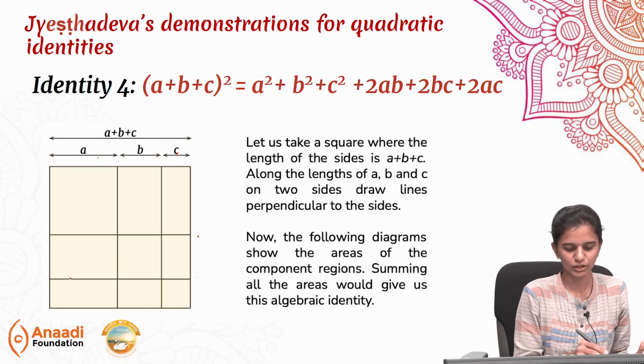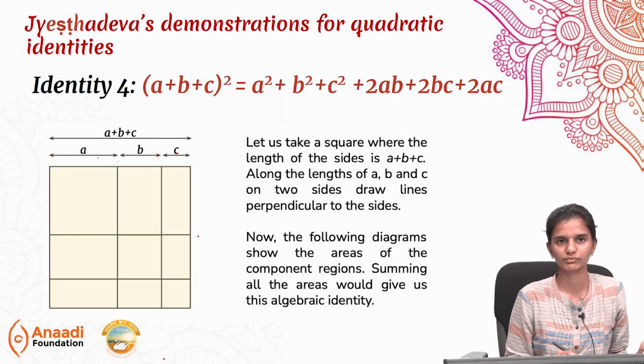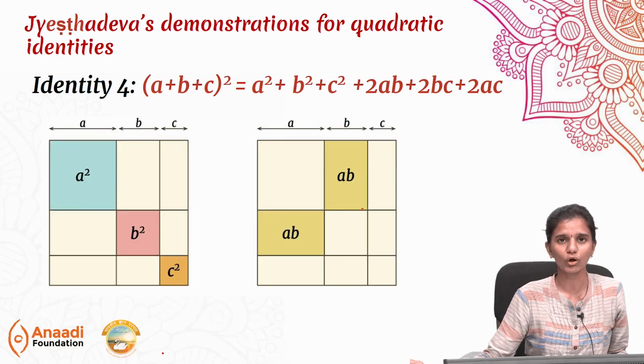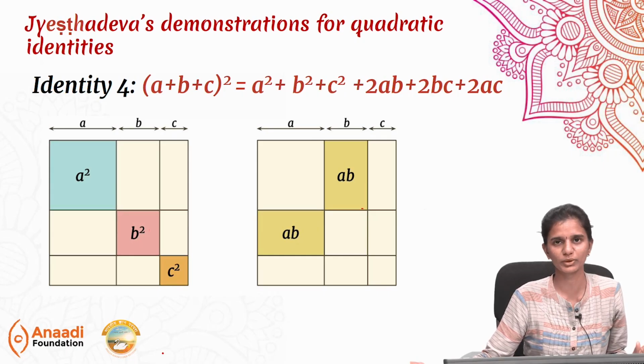So, we get geometric figures like these. Then, we find the area of each of the geometric figure that is inside. We have three squares here whose sides are of length A, B and C. So, we get the values A square, B square and C square respectively.